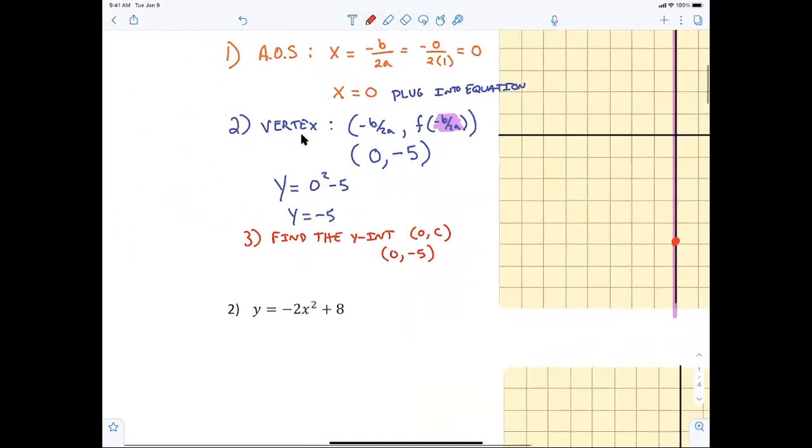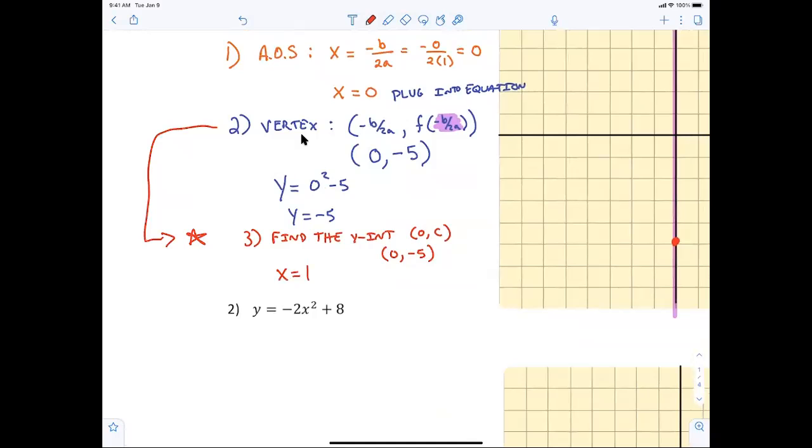So this right here is a problem. The reason why I say it's a problem is because I'm supposed to have 2 different points, but in this case, I only have 1. So I have to find a second point, because the vertex and the Y-intercept are the same. So to find a new point, I just want to find when x equals 1.